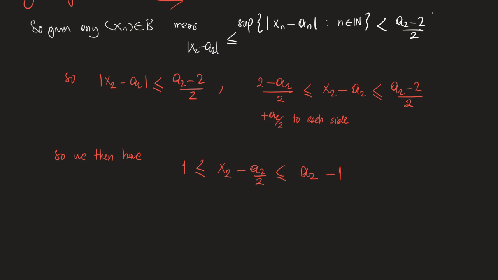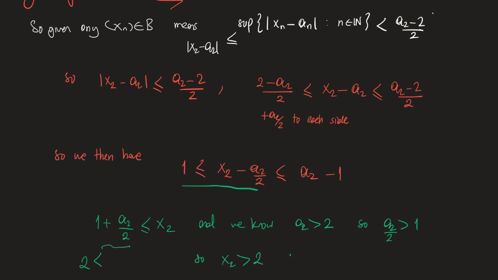But let us focus on the first inequality. So we have 1 plus a2 over 2 less or equal to x2, and we know a2 is bigger than 2, so a2 over 2 is strictly bigger than 1. So this thing is strictly bigger than 2, so x2 is bigger than 2, so xn is in A as claimed. So it means that it is open and we are finished.